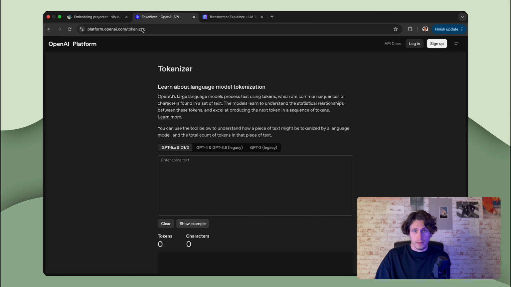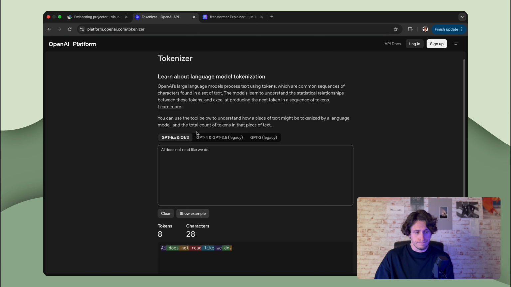So let's make that visible with an example. Let's take a simple sentence. AI does not read like we do. All right. And when I read this sentence, I understand the idea almost immediately. I do not think about coordinates, index, or vectors.